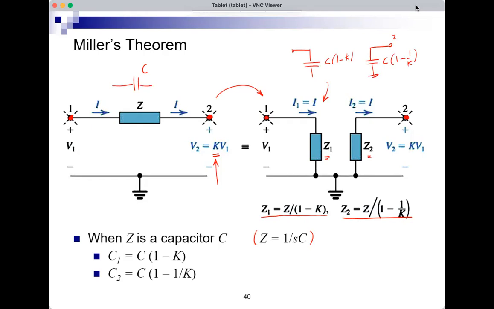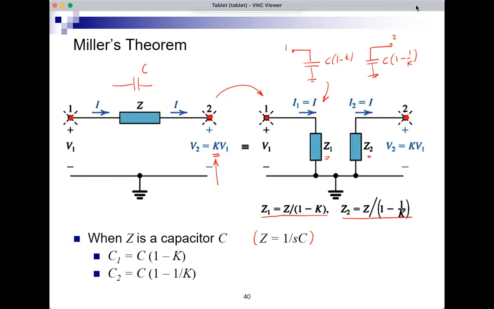Note that the sum of the two capacitors is not C. We're not splitting the capacitor. C times (1 minus K) and C times (1 minus 1 over K) are very different capacitors. And in many cases, C times (1 minus K) would be much larger than C. So this is what we call Miller's theorem.